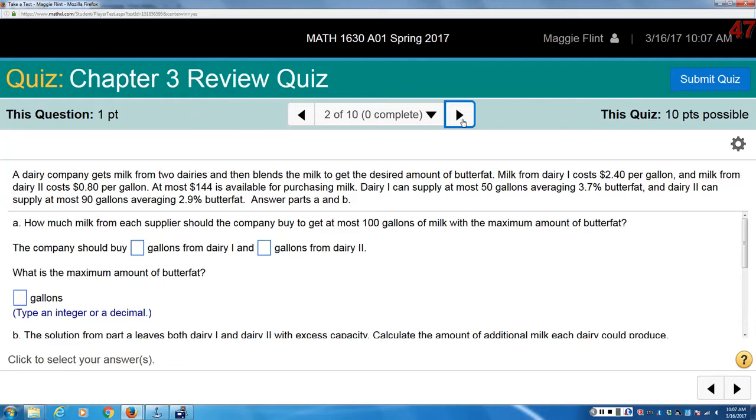Must be some fancy cows on that first dairy. Says they have at most $144 to purchase the milk.